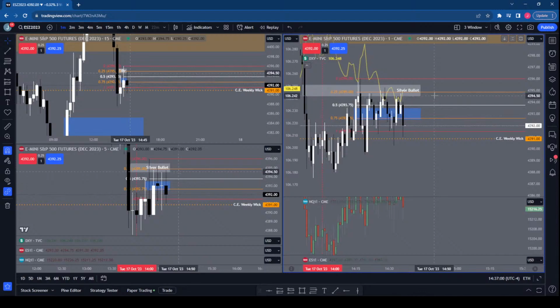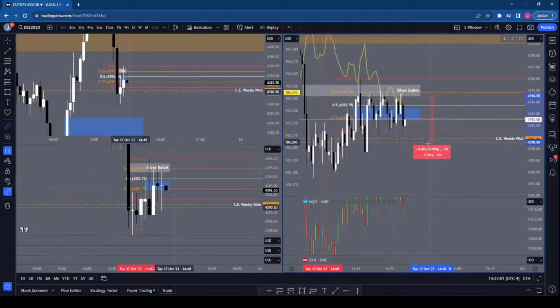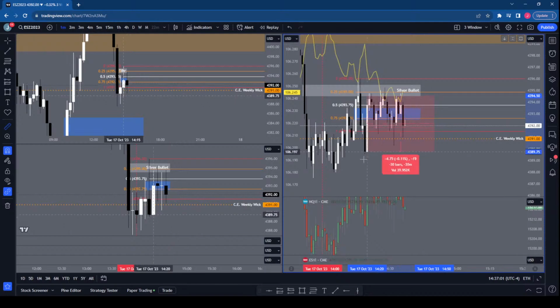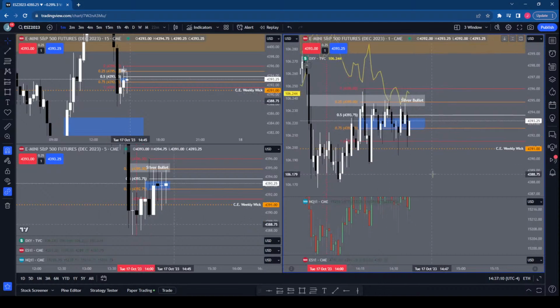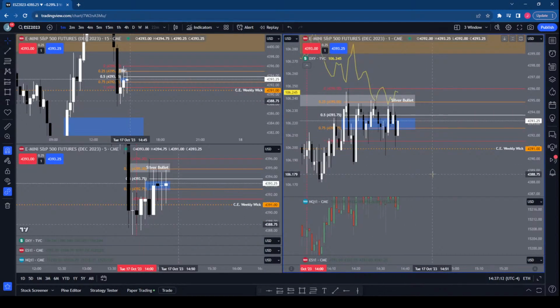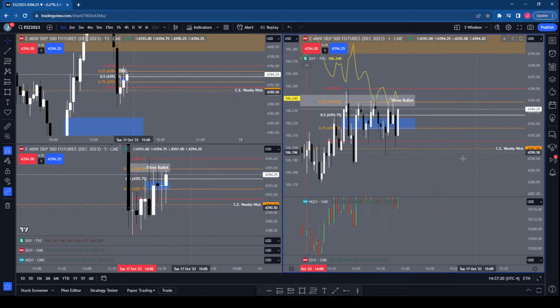If we were still in that trade, we'd still be in that trade right now. This swing low came right to 5 handles, so we'd have to break below this swing low. Look how frustrating that is.